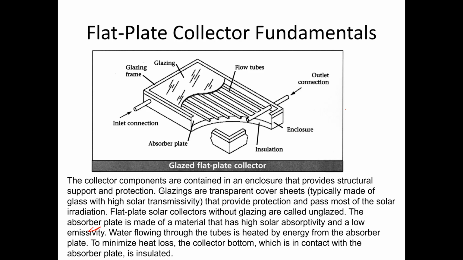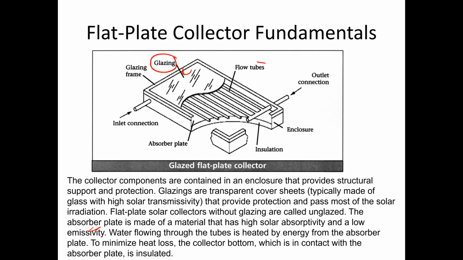Here's what the innards, I guess you could say, of a solar collector could look like. The collector components are contained in an enclosure that provides structural support. Glazing, which is basically a window, right? Glazings are transparent cover sheets, typically made of glass with a high solar transmissivity that provide protection and pass most of the solar radiation.